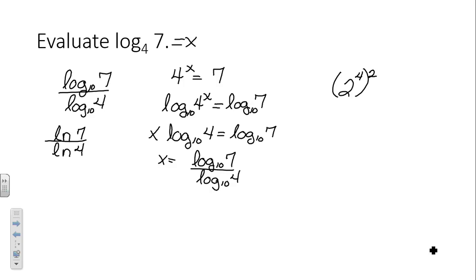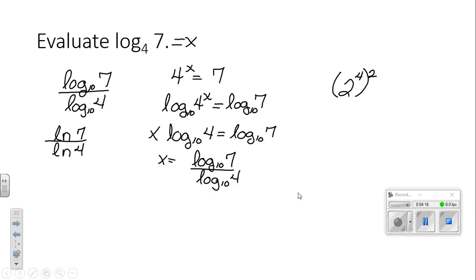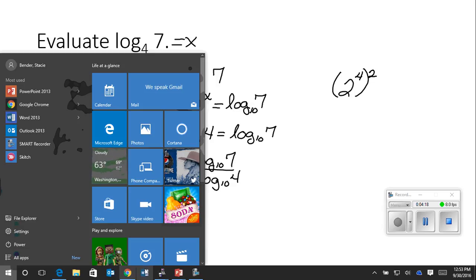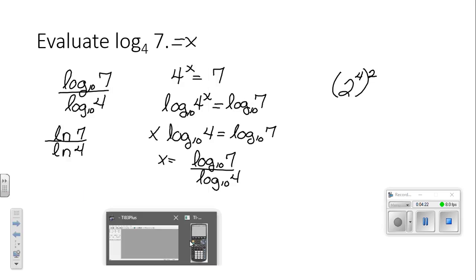So what is the log base 10 of 7 divided by the log base 10 of 4? On our calculator, we have to make sure we close our parentheses if we're using the graphing one. That's the same thing we got in the first place. It's just where we get it from.